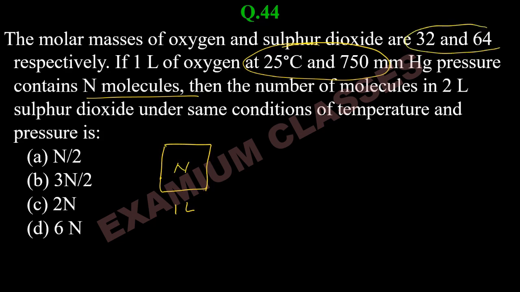This is actually given to confuse you, because at the same temperature and pressure, if you remember the conversion of mole to volume, did we consider the type of gas? I said for all gases, any gas at STP, the volume will be 22.4 liters. So it does not matter whether you are considering oxygen or sulfur dioxide.